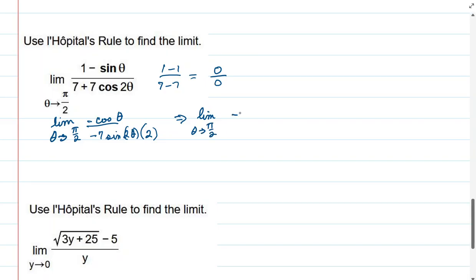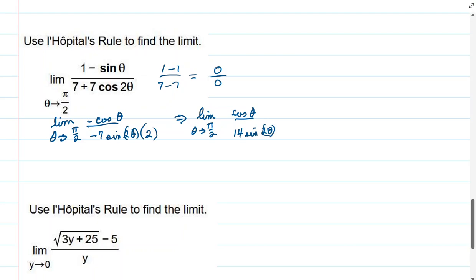So I'm going to have a negative and a negative. It's going to be a positive. So I'm just going to put cosine theta over 14 sine 2 theta.